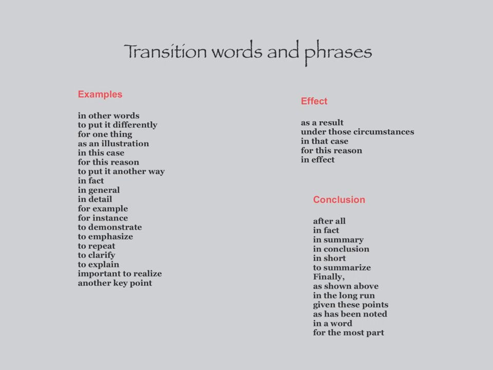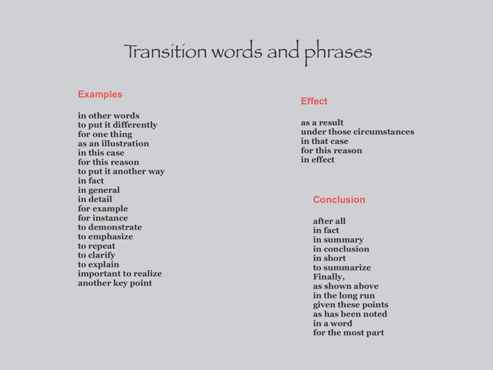If you want to talk about the effect of something, which I added because that's going to probably be used in the natural disasters, especially when we're talking about how one event causes another event to happen and the effects of it. So therefore I included examples of the effects that it can have, and here's some example transitional words.